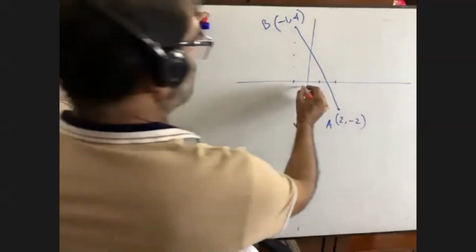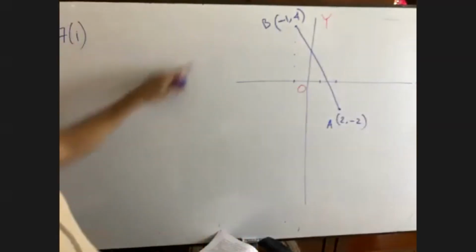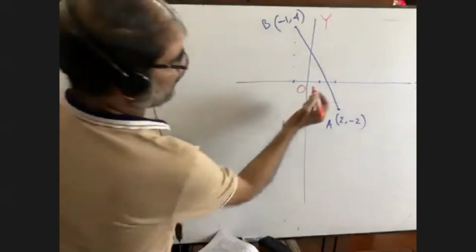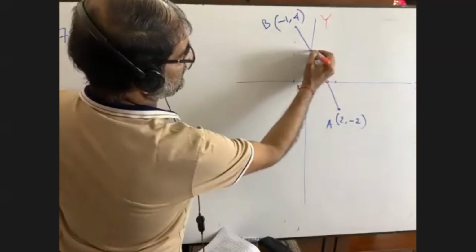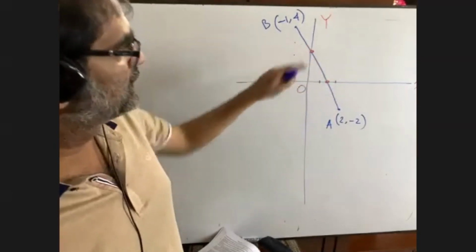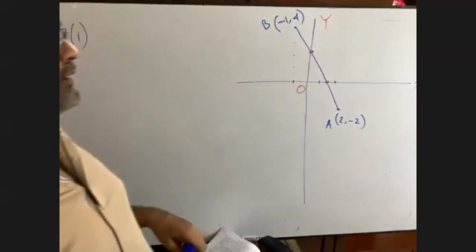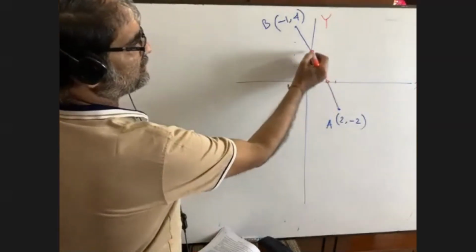This is O, this is X, this is Y. The x-axis and the y-axis divide the line, and we have got 3 parts. These 3 parts are equal. I mean the trisection. This is the point of trisection.